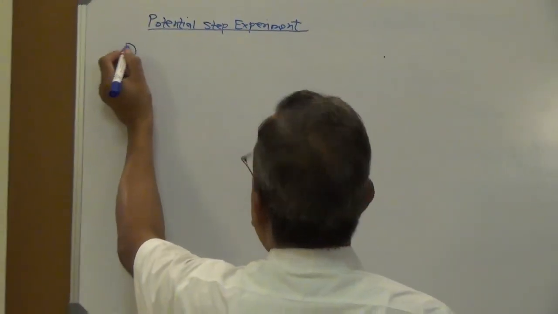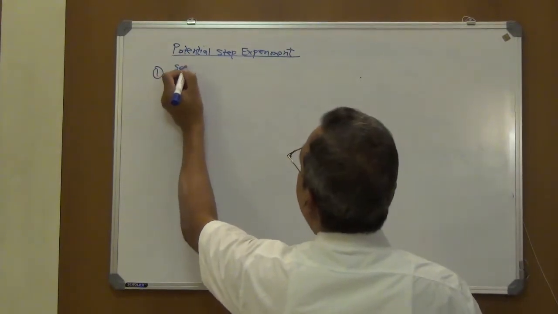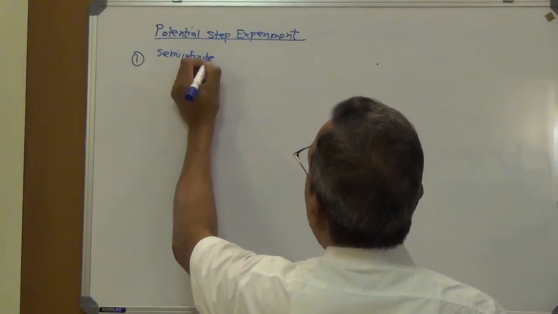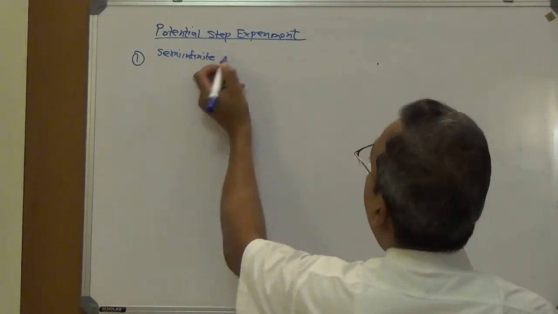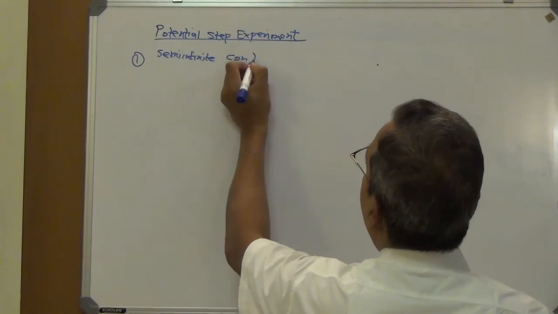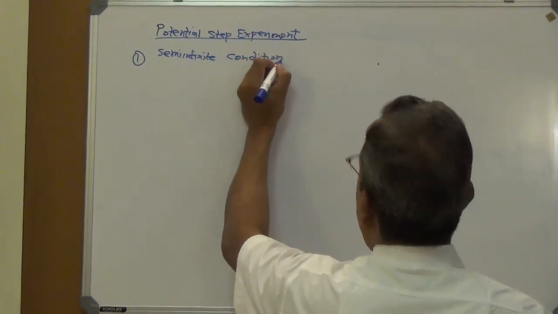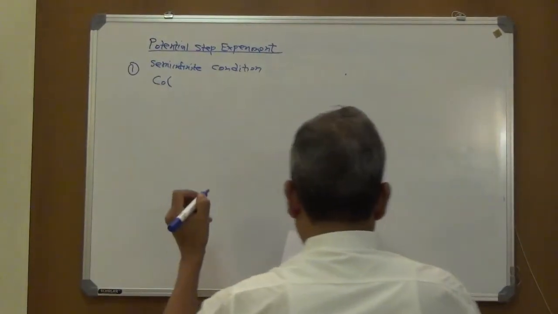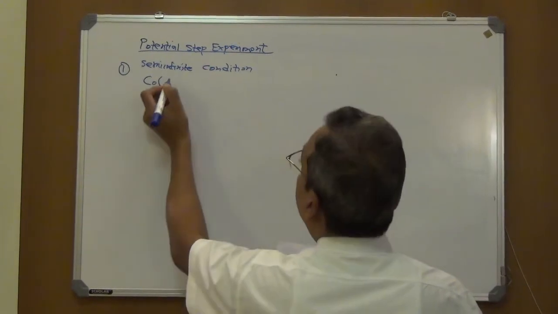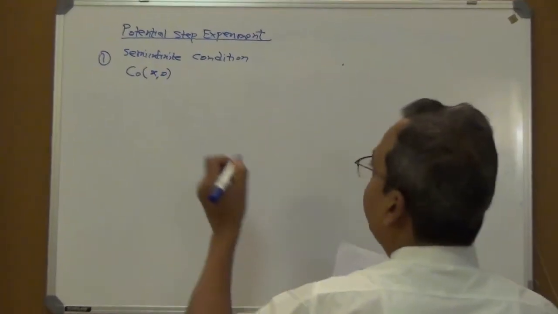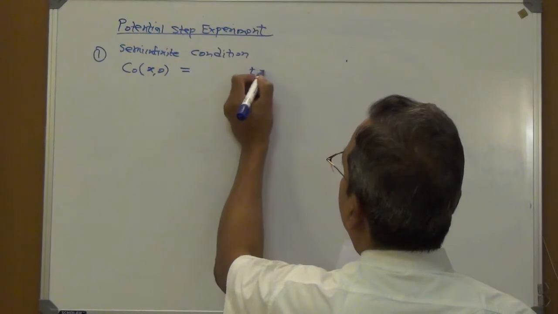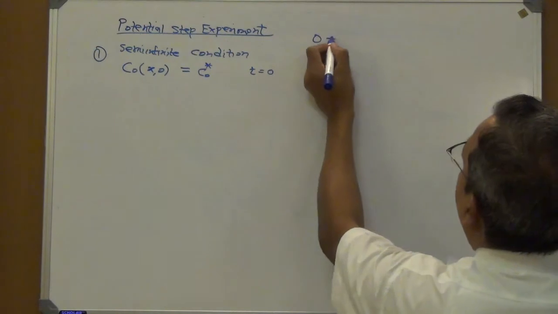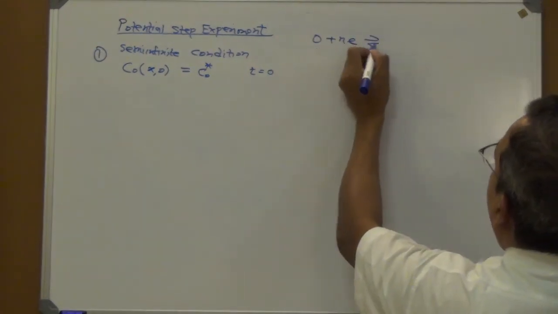The first boundary condition concerns concentration. What will happen to the concentration of species O at time t equal to 0? Obviously it's going to be CO star. We are talking about the reaction O plus ne goes to R.